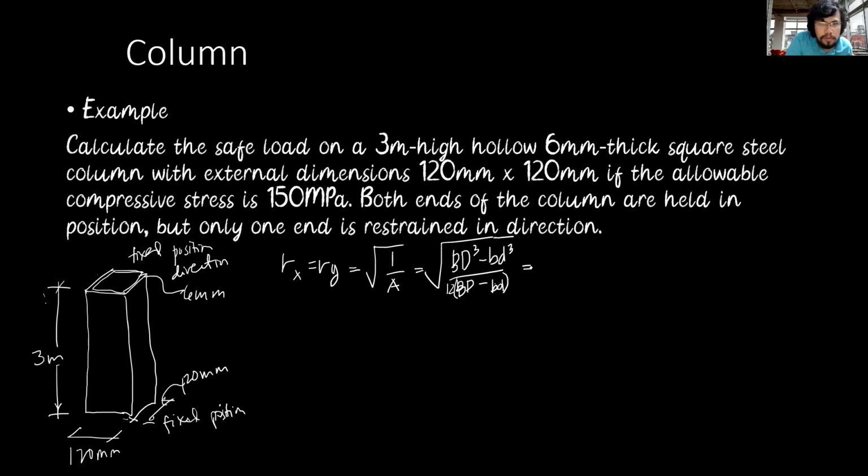So we have this as 120 to the fourth minus 108 to the fourth over 12 over 120 squared.